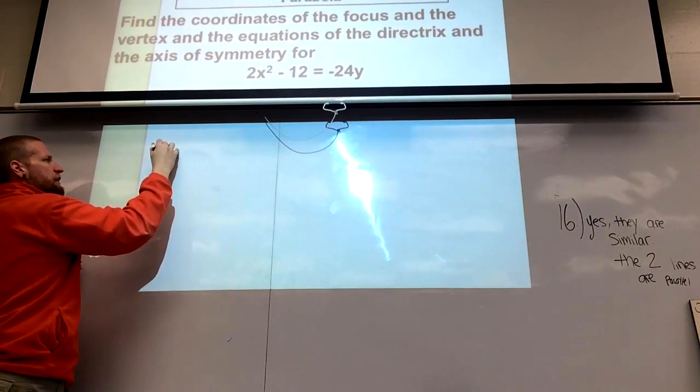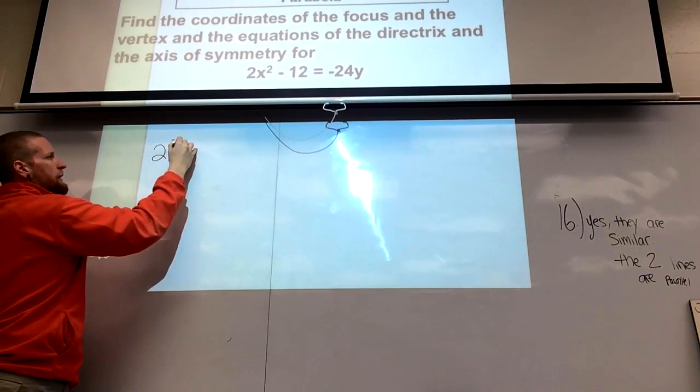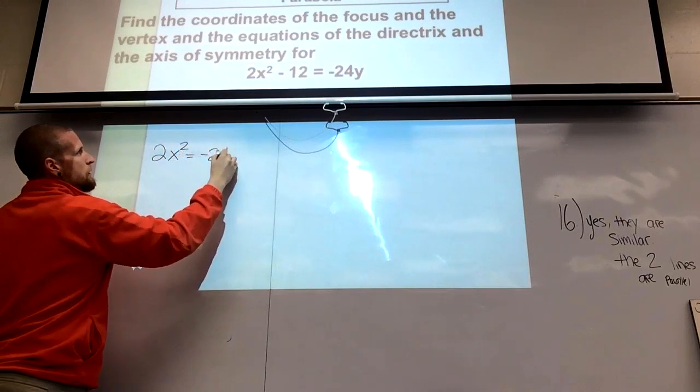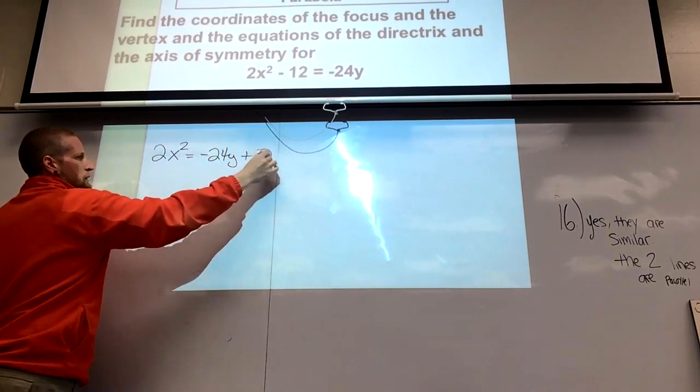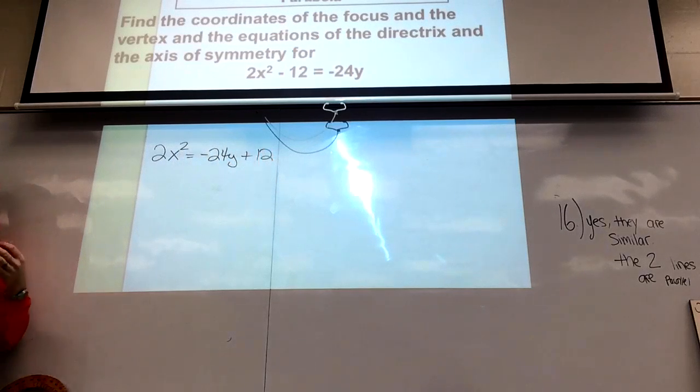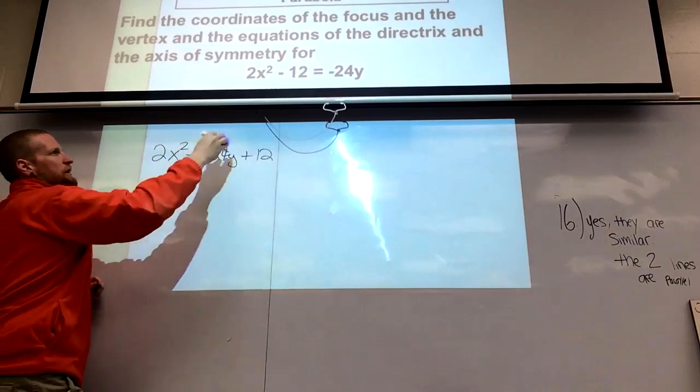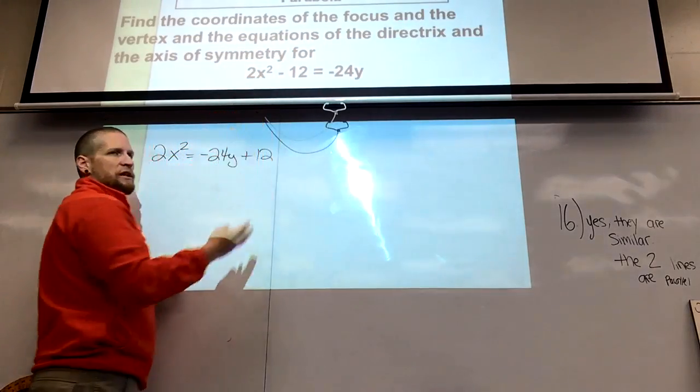Since I want this in standard form, I'm going to try and see if I can simply isolate the squared coordinate. Because if I can just isolate the squared, it makes life much easier. The only time I wouldn't be able to do this quickly, like isolating it, is if I also had another, like if I had plus 2x or something in there.